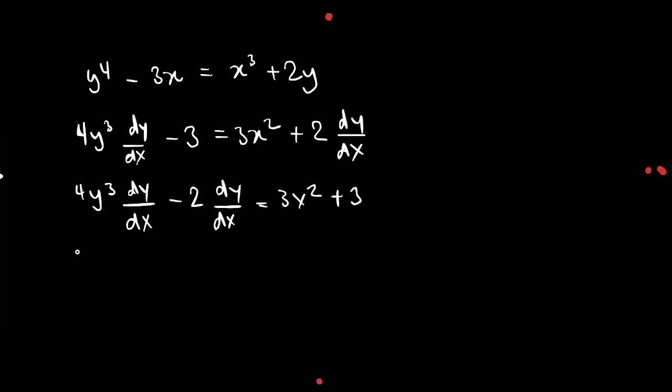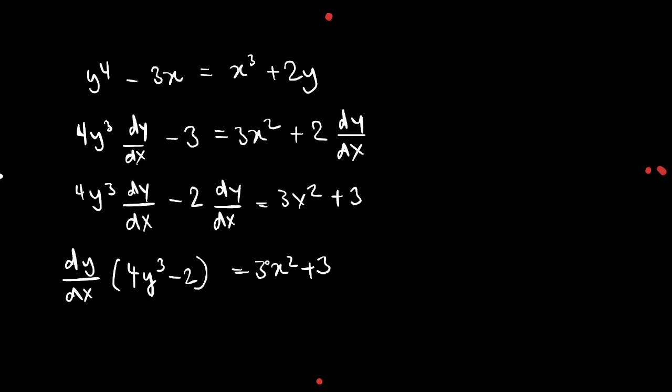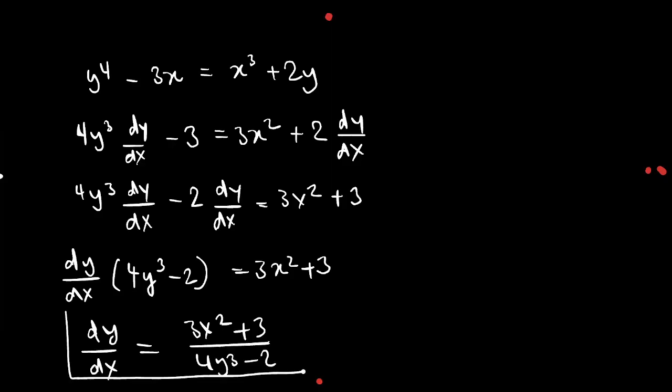We factor out the dy/dx term here, dy/dx times 4y cubed minus 2 is equal to 3x squared plus 3. Divide by 4y cubed minus 2 on both sides in order to solve for our dy/dx, right? dy/dx is equal to 3x squared plus 3 divided by 4y cubed minus 2. And this is the answer here.